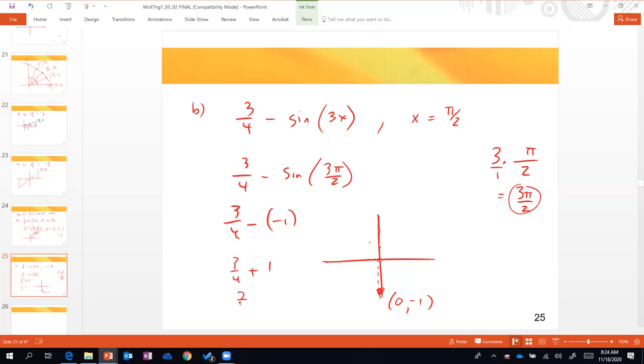Are we good for our final answer? Sure, this is 3/4 plus 1, because it's subtracting a -1. Then 3/4 plus 4/4 makes 7/4. So that's our final answer.